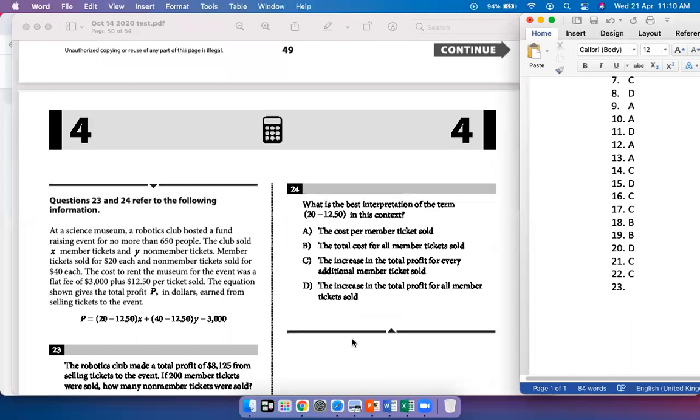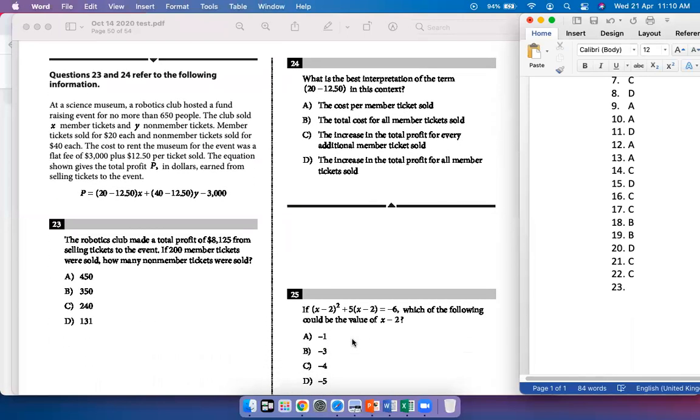Let's go to 23rd. At a science museum, a robotics club hosted a fundraising event for no more than 650 people. The club sold X member tickets and Y non-member tickets. Member tickets sold for $20 each and non-member tickets sold for $40 each.